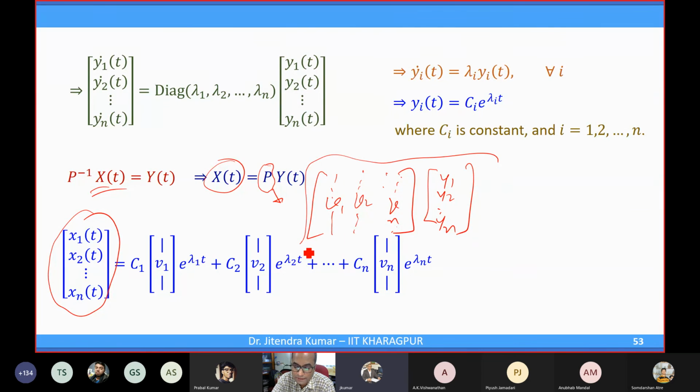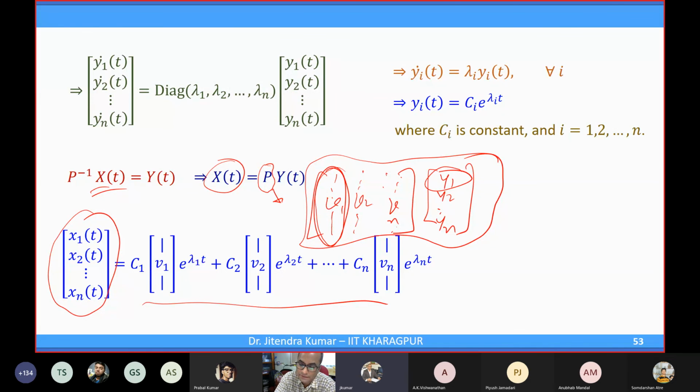So this matrix-vector multiplication I have written in this form: this column multiplied by y1, where y1 is nothing but c1 e^(lambda1 t), and then the second vector multiplied by y2, which is c2 e^(lambda2 t), and so on. Then you have cn, the last vector, and e^(lambda_n t). Correct? Is that clear?